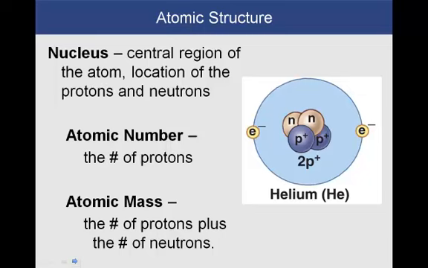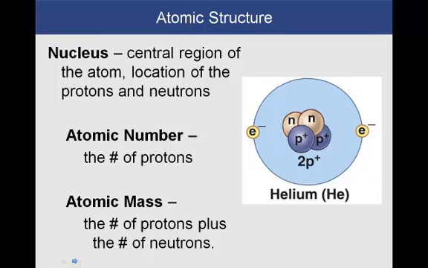There are a couple of different things that you need to understand about atomic structure. One is the atomic number, and the atomic number equals the number of protons that you find in the nucleus of a particular atom. That number is unique to an atom. If you change the number of protons, you change the actual atom that you're dealing with.